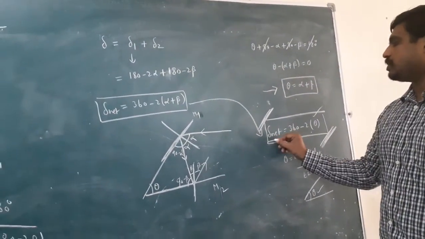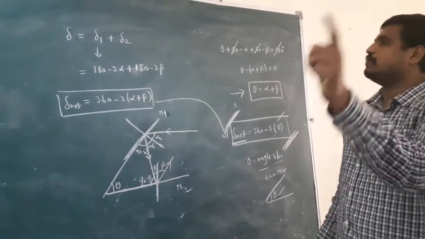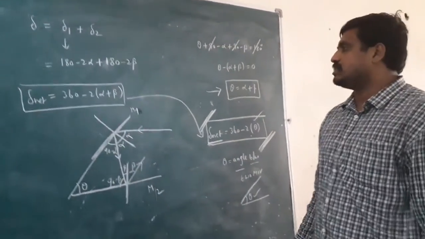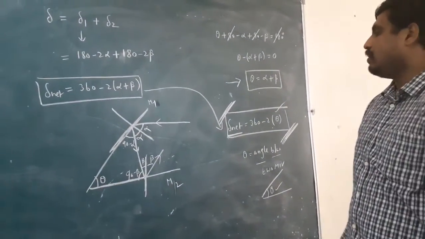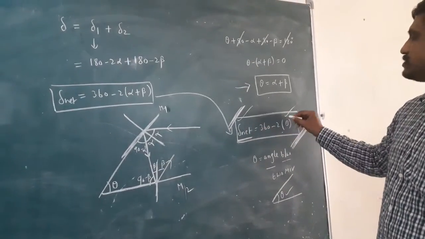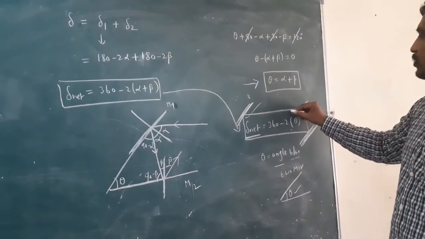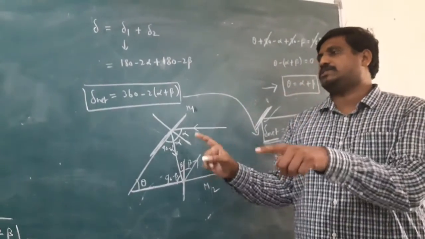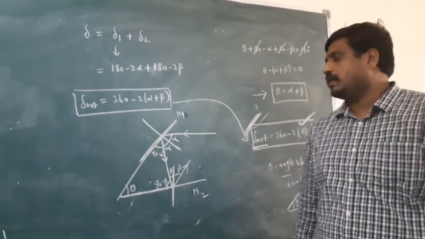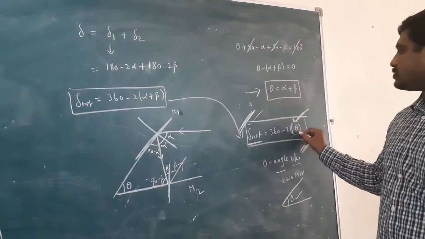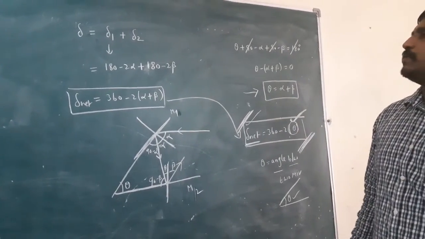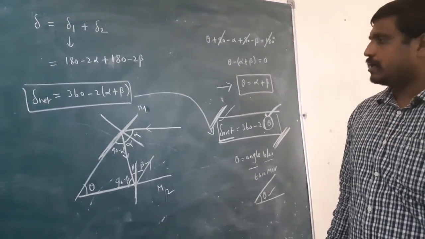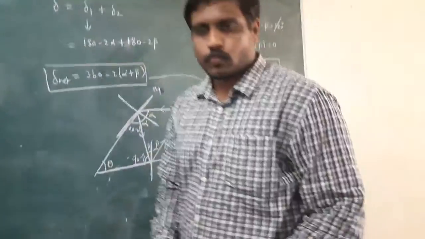That means net deviation does not depend upon the angle of incidence and angle of reflection. Net deviation depends only upon the angle between two mirrors. The net deviation formula is 360 minus 2 theta. In the formula, theta is the angle between two mirrors.